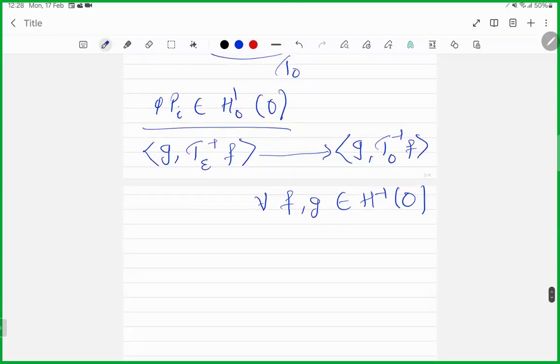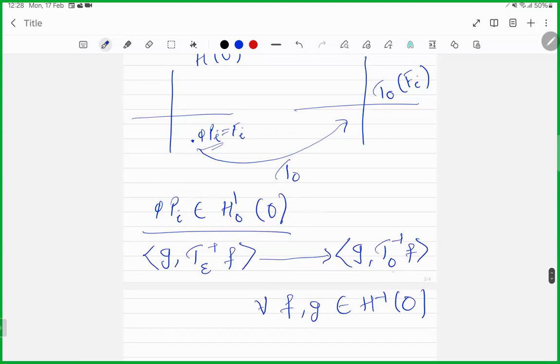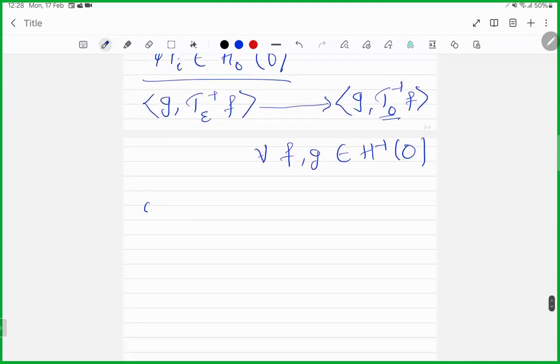Okay, so now we have the limit T naught inverse. So the idea is this. Once we have T naught, if you don't like T naught inverse, just call it some T naught, and call this T naught inverse. So you choose phi pi, and you look at T naught of phi pi, and then you operate.